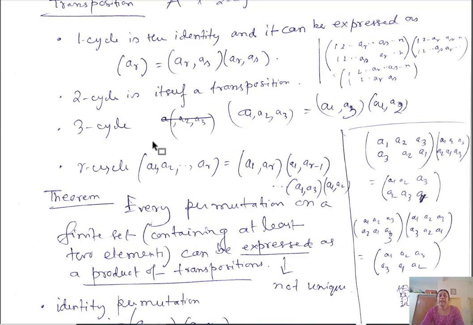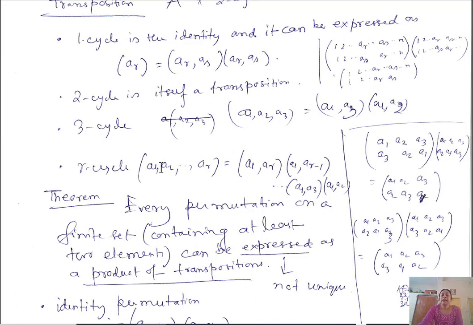Okay, so a three cycle can be decomposed into the transposition (A1 A3) times the transposition (A1 A2). If you have any r cycle, it can be decomposed into transpositions in this way: (A1 Ar)(A1 Ar-1) up to (A1 A3)(A1 A2), like this.